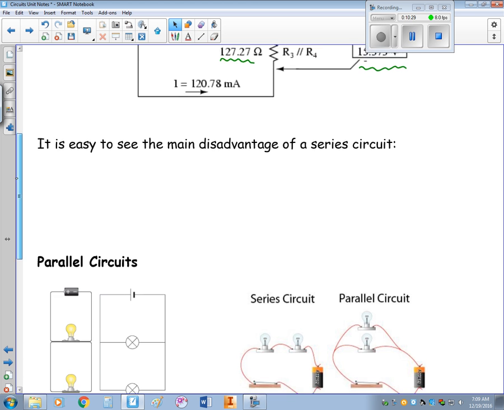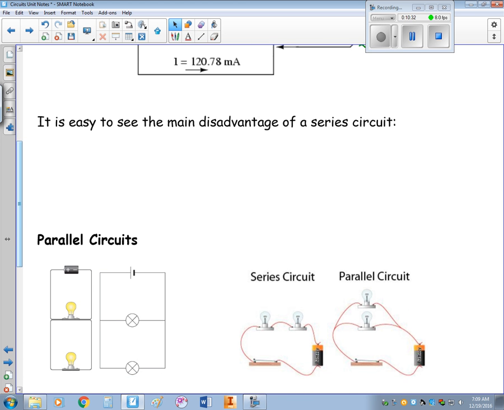So it can be easy, hopefully, to see the main disadvantage of this type of circuit.